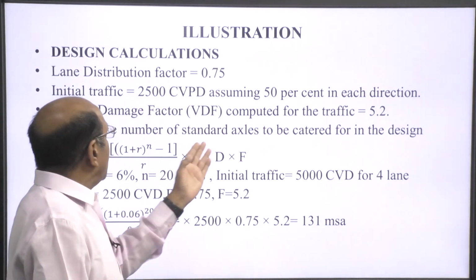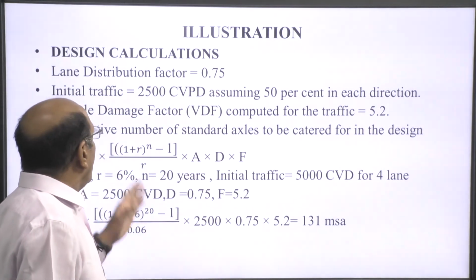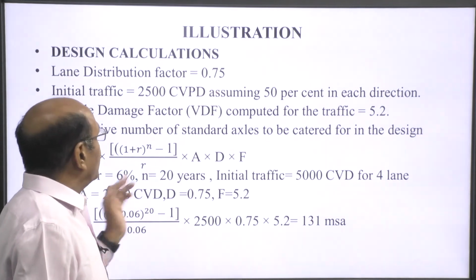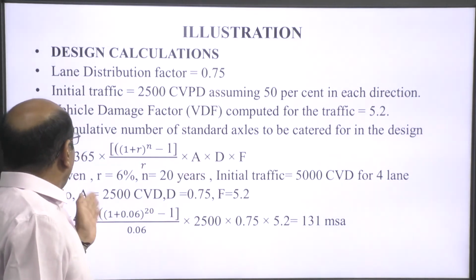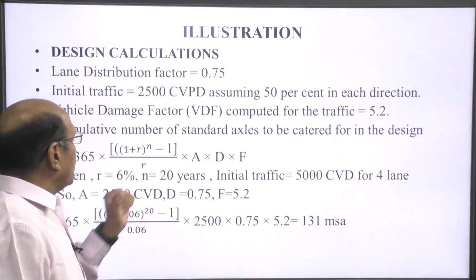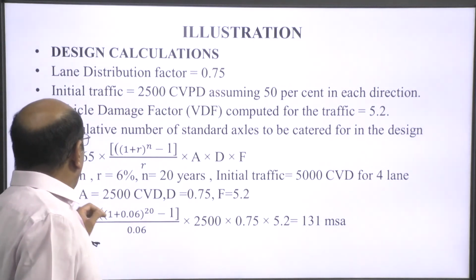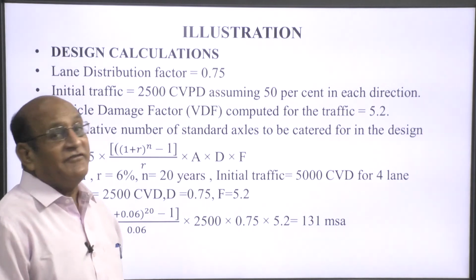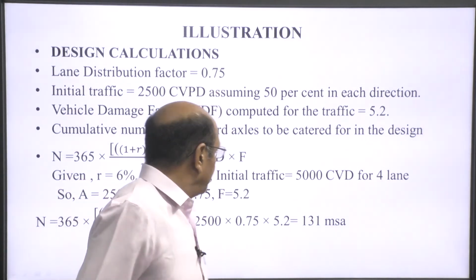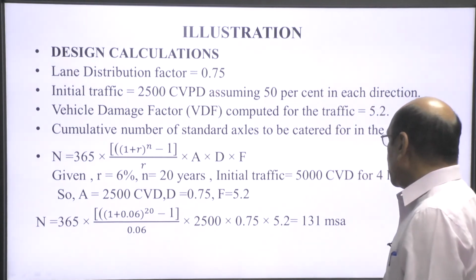The cumulative number of standard axles can be calculated by this formula, N is equal to 365 into (1 plus r) to the power n minus 1 by r into A into D into F. So, here given r is equal to 6%, n is equal to 20 years, initial traffic 5000 for the 4 lanes, so A will be 2500 CVD, D will be 0.75 and F is given 5.2. So, we can calculate the value of N, that will come 131 MSA.